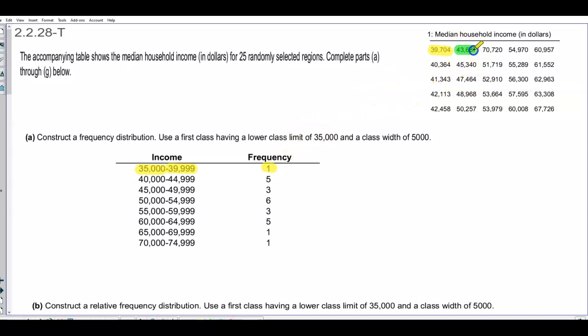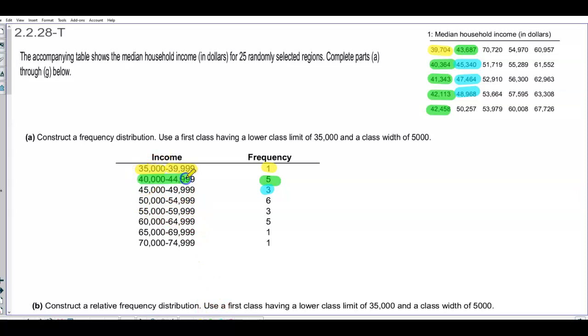So we have 43,687. That's 1, that's 2, 3, 4, and there's 5. Then 45,000 to 49,999. We have 1, 2, and then 3. Okay, and then we have 50,000.